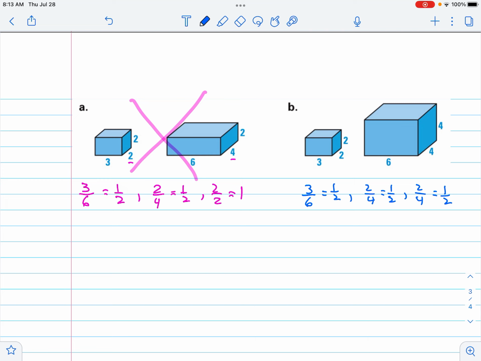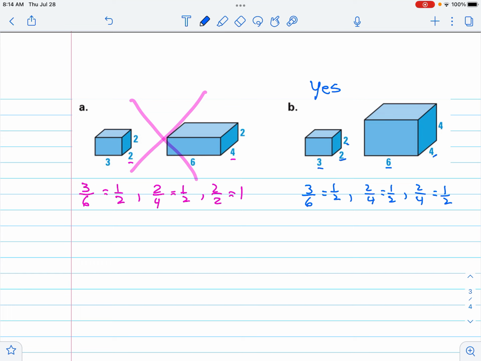So these are similar because they have the same ratio. And remember what we're doing. We're lining up the corresponding edges. This edge here, we match it up with that one, with this one, and so forth.